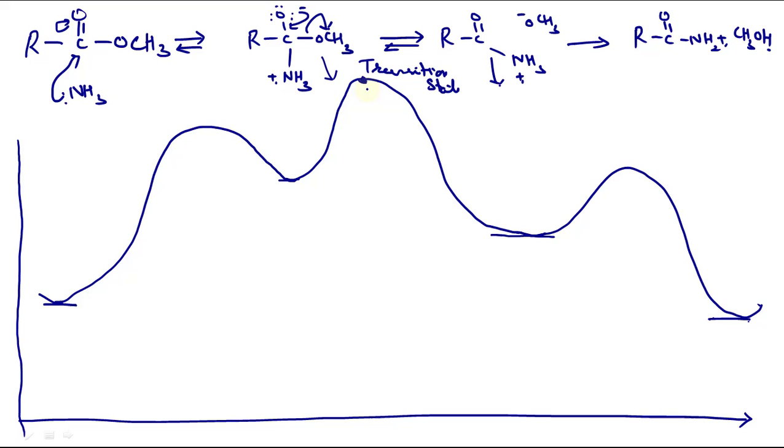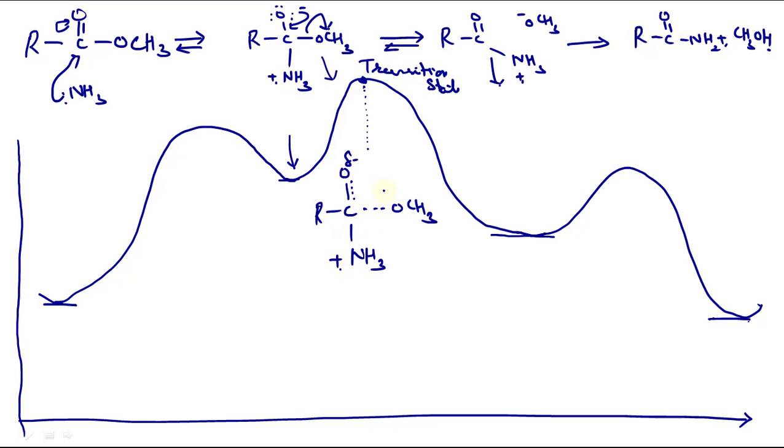Okay, you can see this transition state is close in energy to the reactants. So according to Hammond's postulate, the geometry of the transition state resembles your reactant. So this is your transition state. We can predict its geometry using Hammond's postulate.